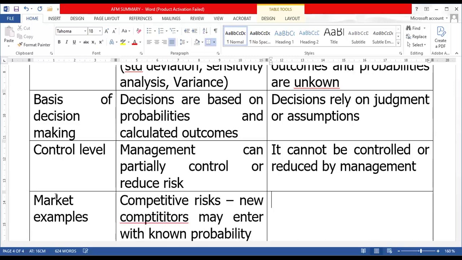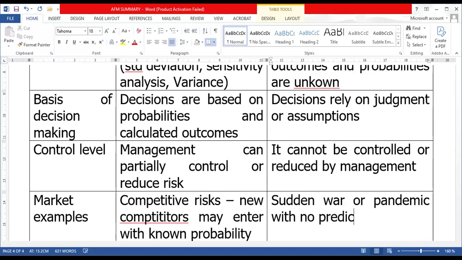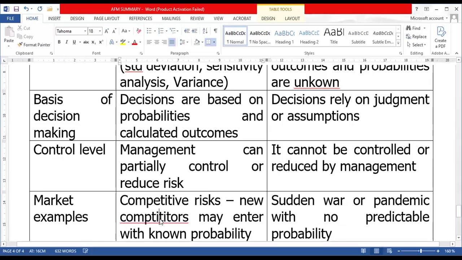But when it comes to uncertainty, for example, you may talk about a sudden war or the pandemic. Here are examples with no predictable probability. There is no way you can say that in Uganda we will have a war in this particular period.